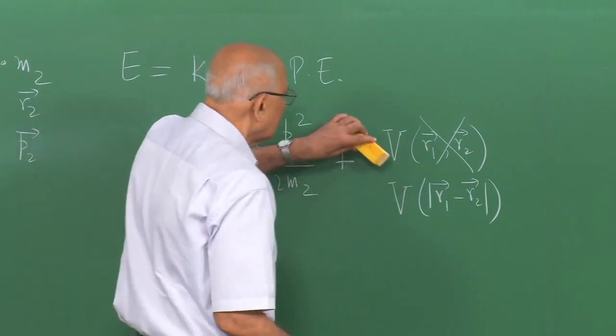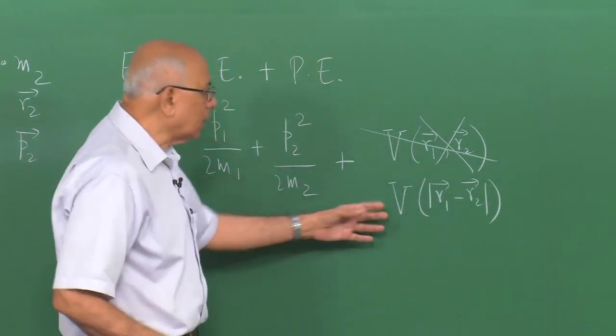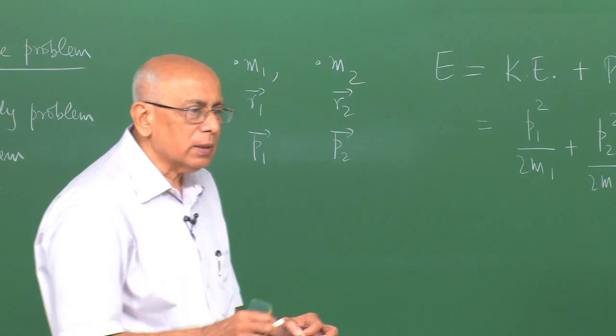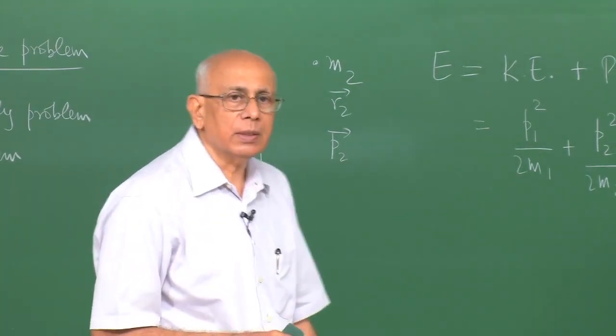So instead of V as a general function of r1 and r2, we have a potential energy in this case which depends only on the distance between the two particles. The actual orientation of this vector r1 minus r2 is irrelevant.